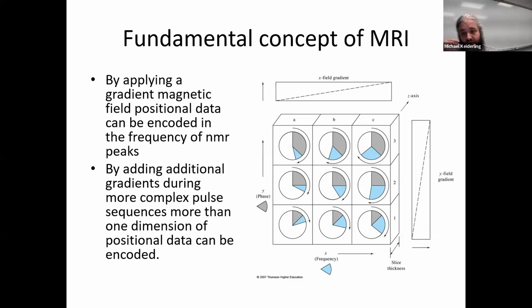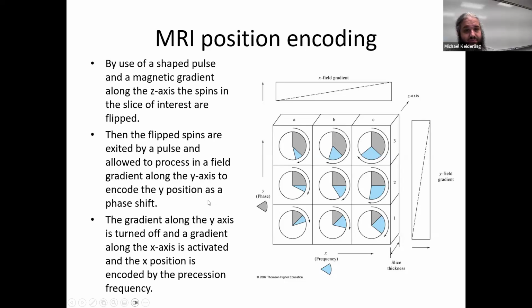And by carefully controlling gradients in our pulse, we can excite only a thin slice in the Z dimension with the start of our sequence. So we're only looking at one slice. So by the use of a shaped pulse and a magnetic gradient along the Z-axis, the spins of the slice of interest are flipped.